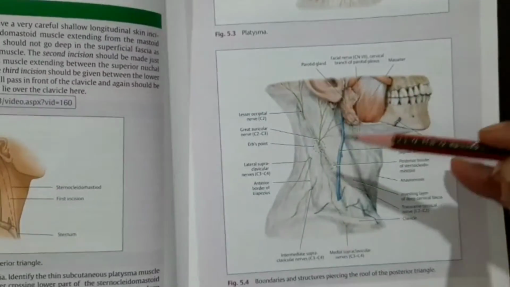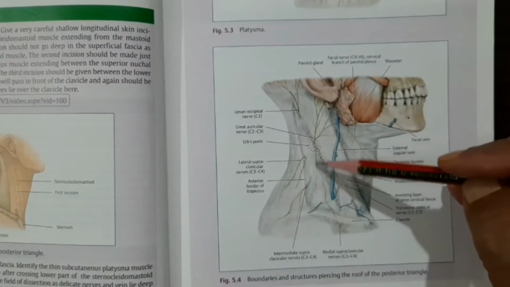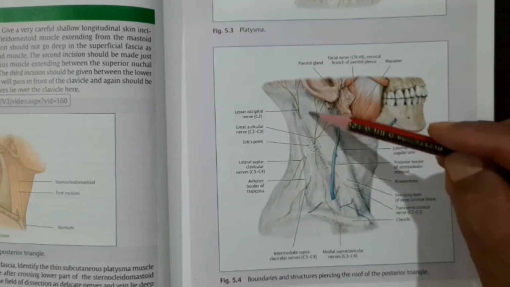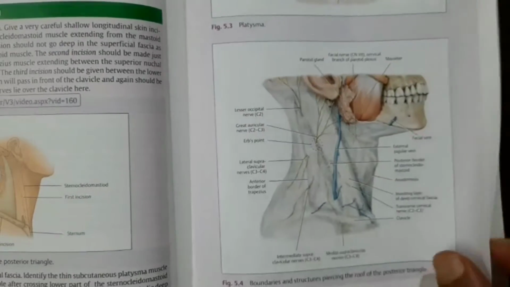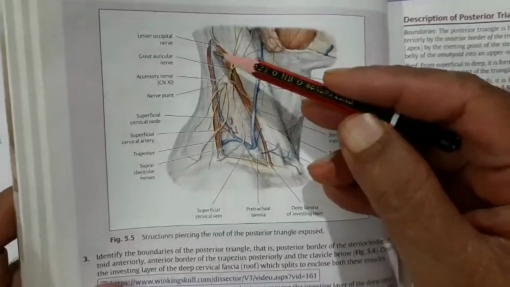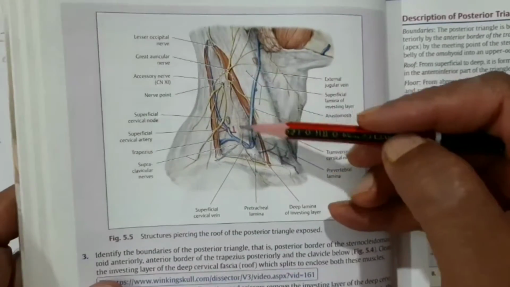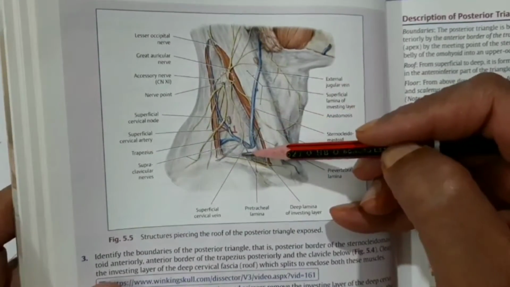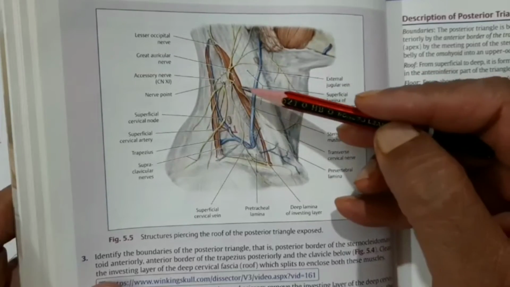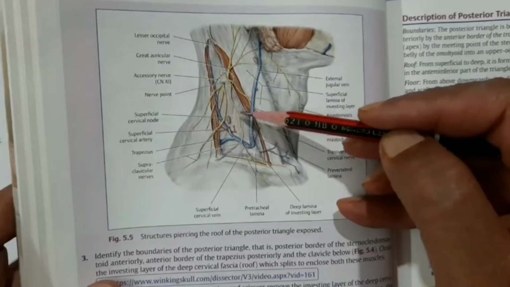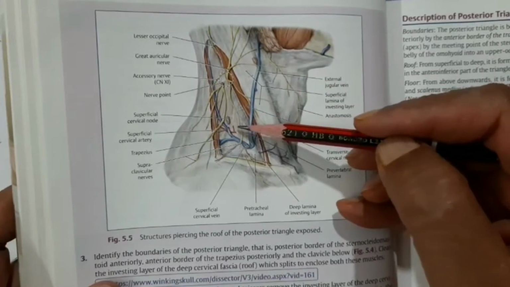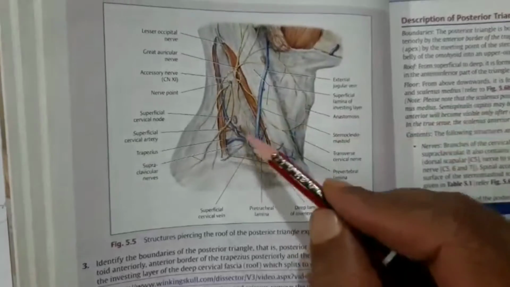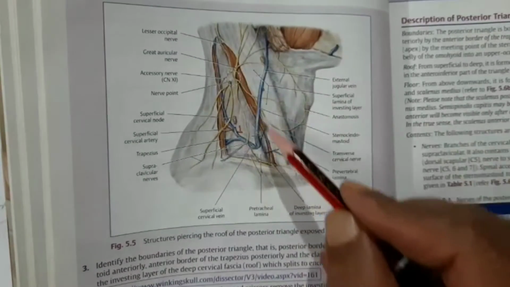See here, this was the posterior triangle and this is the roof, and if we cut this roof of the general investing layer of the deep cervical fascia, then we go into the posterior triangle. Whatever fascia you see covering the deeper paravertebral muscles, which surround the vertebral column, this fascia is the prevertebral fascia.